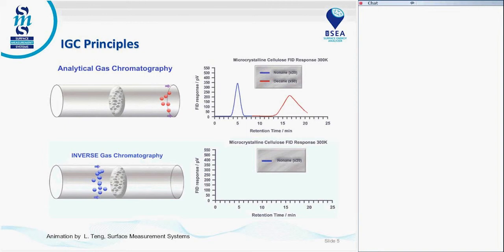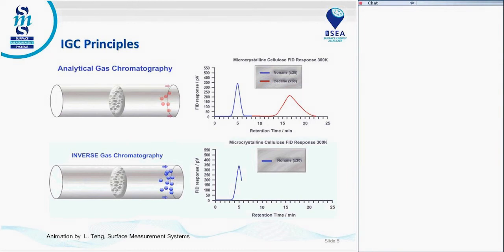We inject a single burst of a one-component system, a gas or a vapor. We measure the retention time, how long it takes that gas or vapor to travel across the surface, and from the resulting peak that comes out, the retention time, how long it takes that molecule to travel across the surface or diffuse through the bulk of that sample, is related to surface and bulk thermodynamic properties of the solid material.